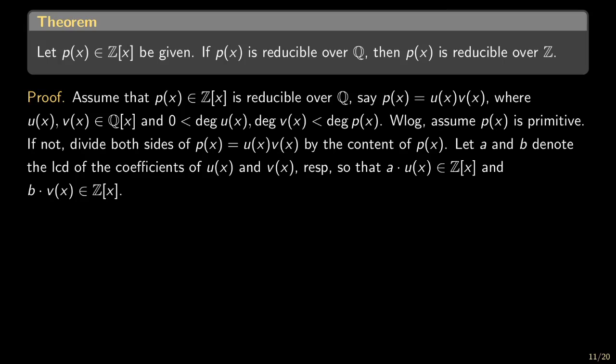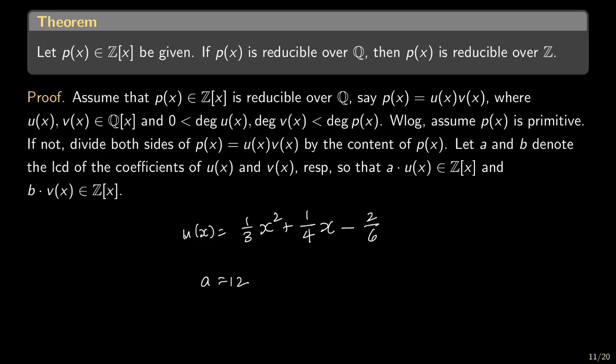Now, as an example, suppose u of x is 1/3 x squared plus 1/4 x minus 2/6. What's the value of a here? We look at 3, 4, and 6. Take the LCD. The LCD is 12. So therefore a is 12. Why would I want that?